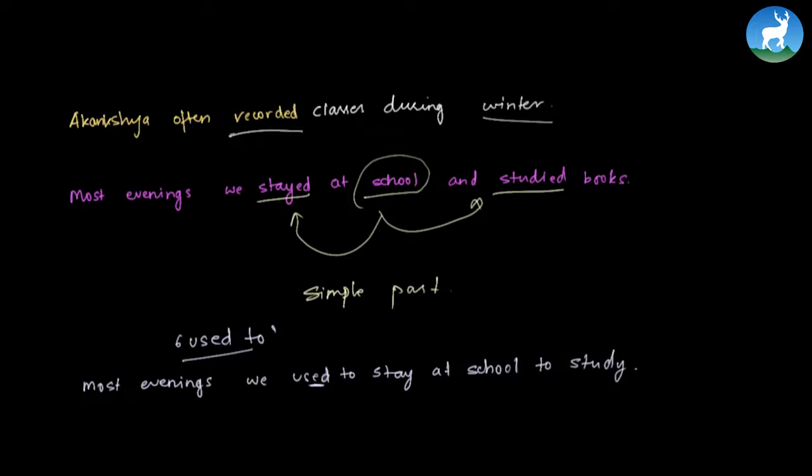Now, when I use used to, I do not use simple past tense, I use the normal verb, because I have already taken something to the past, that's used. Most evenings, we used to stay at school to study. The wrong form could be, most evenings, we used to stayed at school to study.